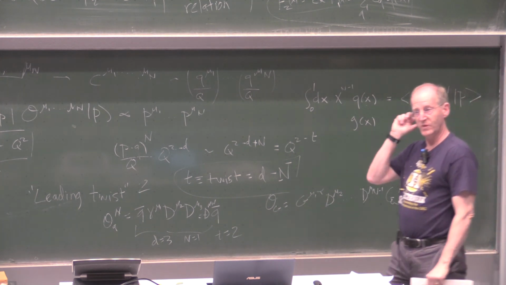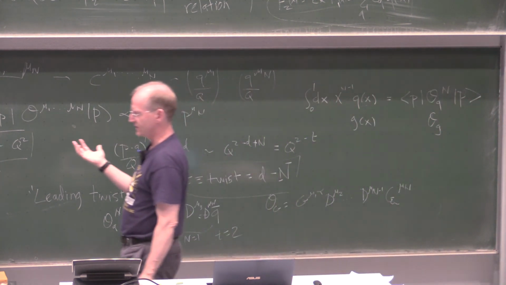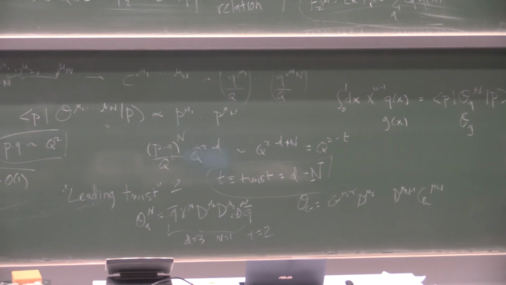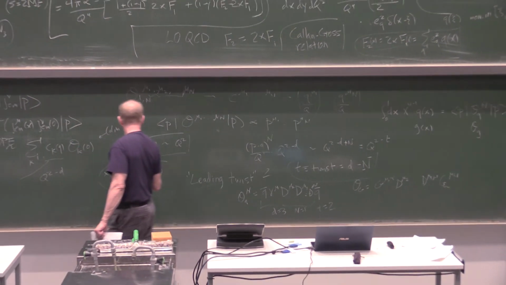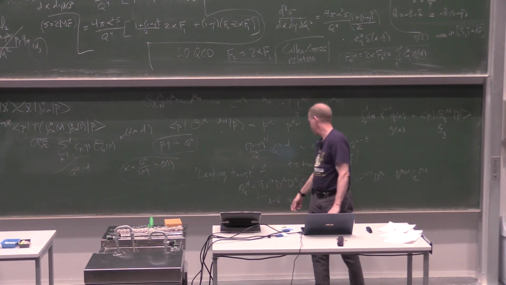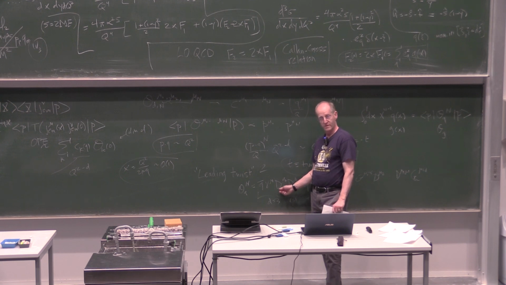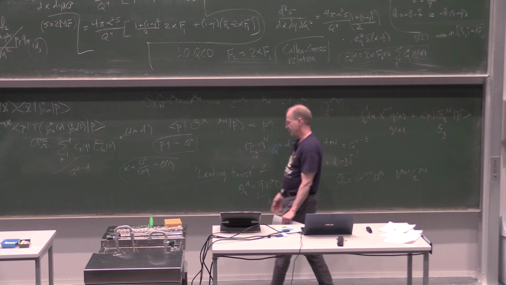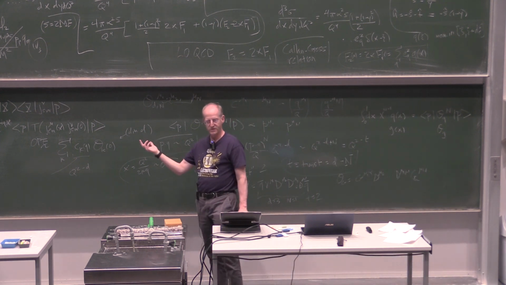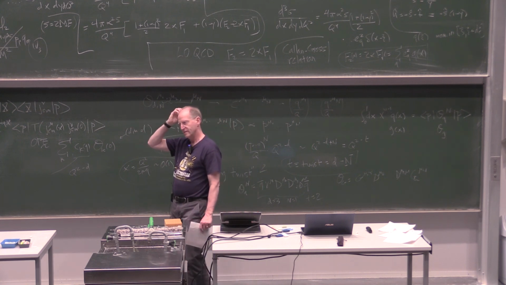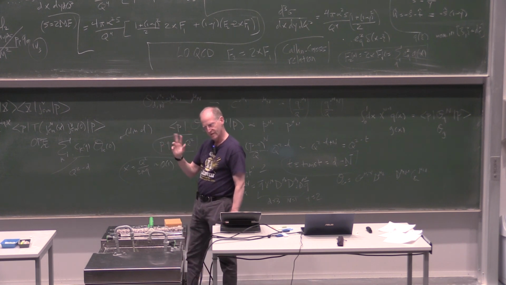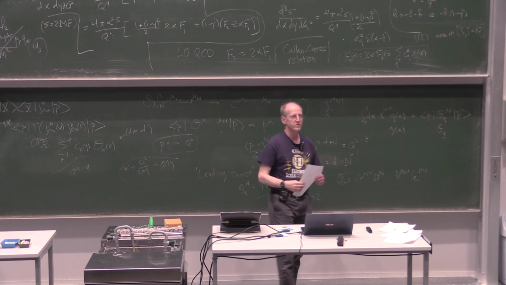There are many other operators that have higher twist. For example, you could have Q bar, some gluon field Q. The reason why the covariant derivative stays leading twist is because it gives you 1 unit of spin for each dimension. And so you don't lose anything when you put in this covariant derivative. But if you put in a gluon field, that has dimension 2 because it's a derivative of a mu, but it only generates 1 unit of spin because of the anti-symmetry between the two fields.